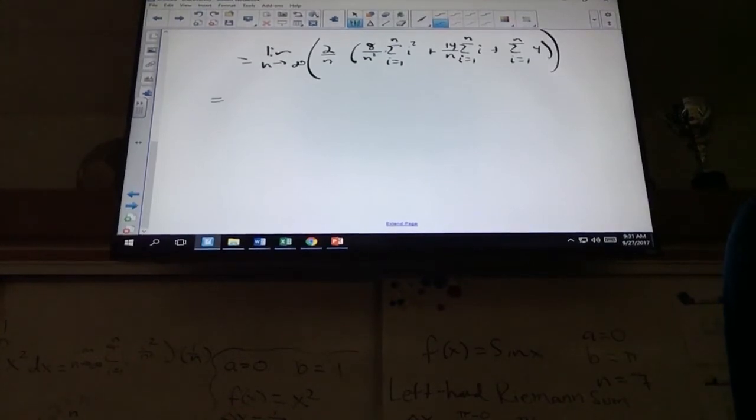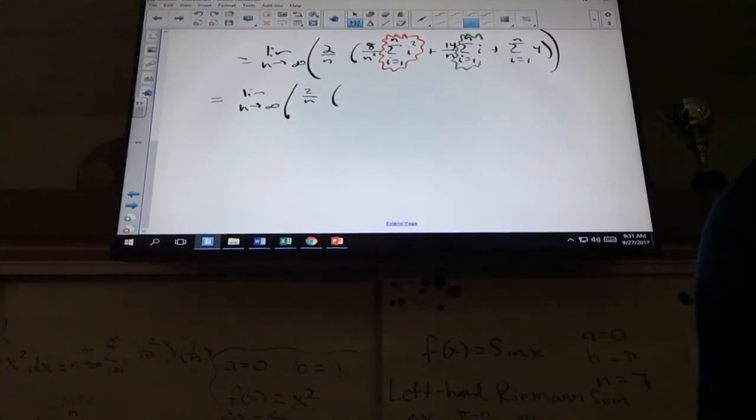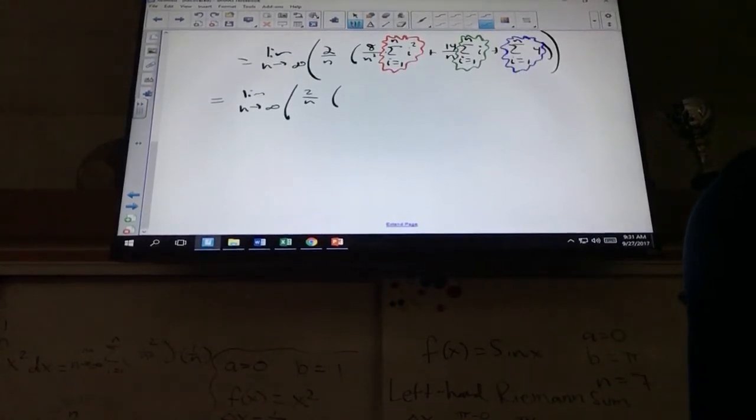So now this is equal to the limit as n approaches infinity of 2 over n times. So here I'm just replacing that and this using the formulas that we talked about in class.